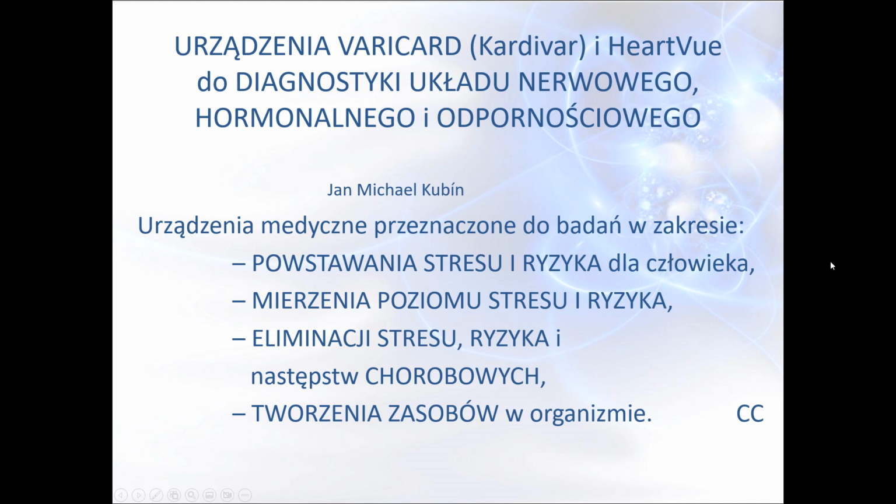What I want to say about the heart rate variability, starting with the method itself: this method measures the level of stress, the risks, the energy imbalance or disbalance on the nervous and the hormonal system. We measure short-term blocks. What do I mean by blocks?